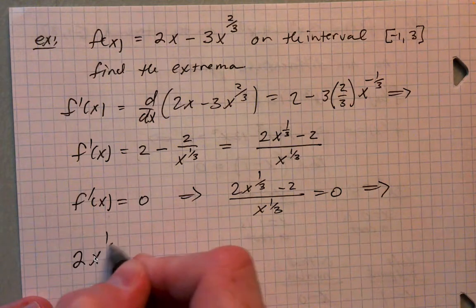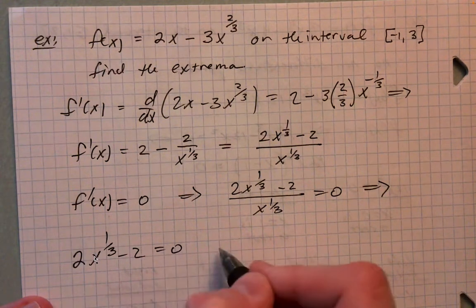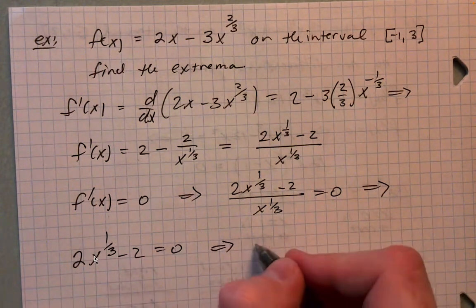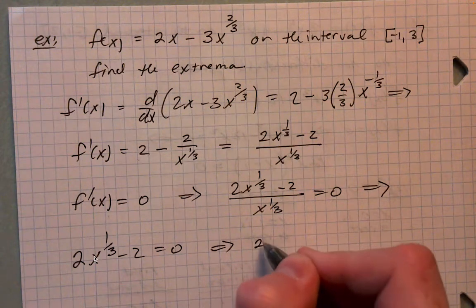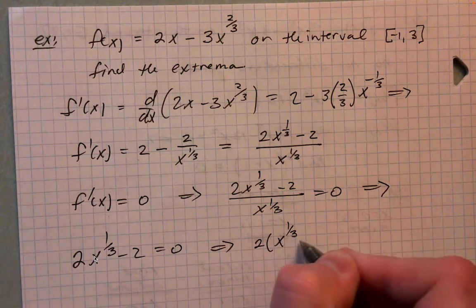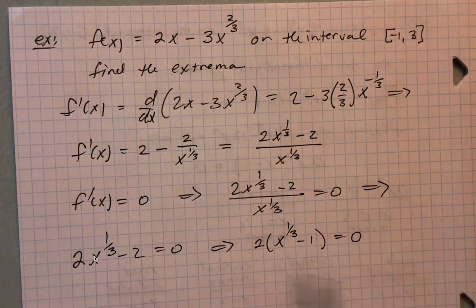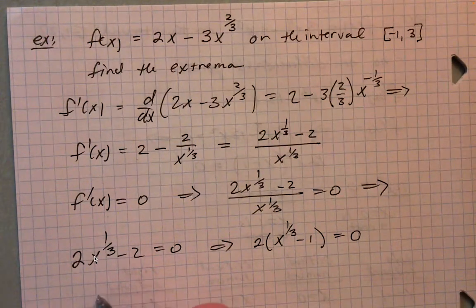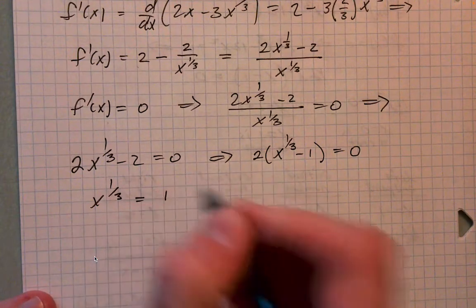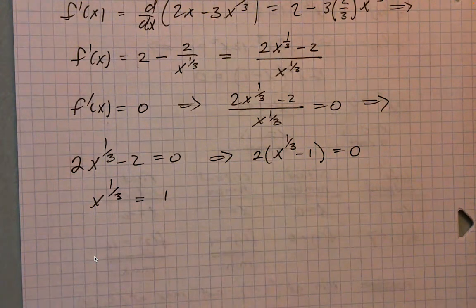So 2x to the 1/3 minus 2 equals 0. Then you'd have to factor this first technically, right? So you'd have 2, and then it'd be x to the 1/3 minus 1 equals 0, and then divide by 2. So x to the 1/3 equals 1. And now how would we solve for x in this case? How would we get x?